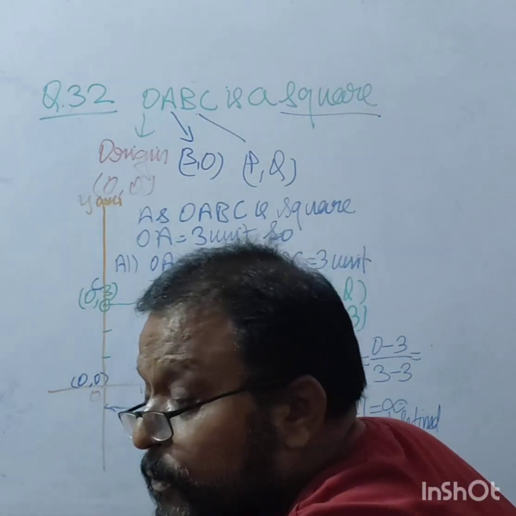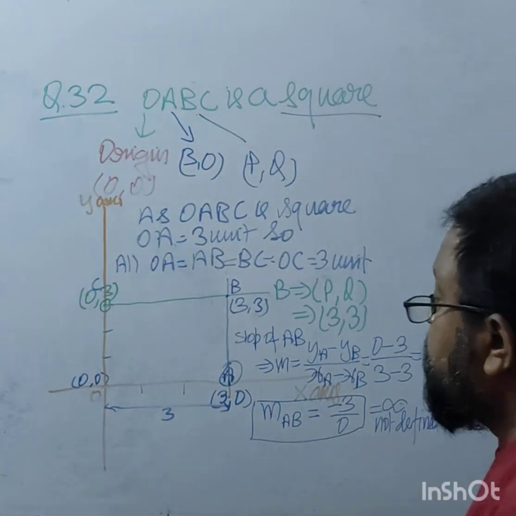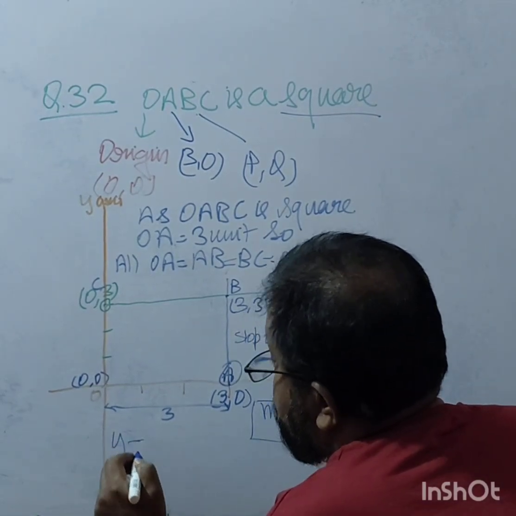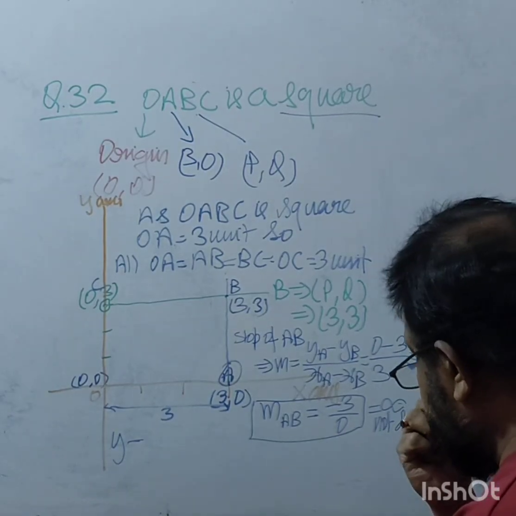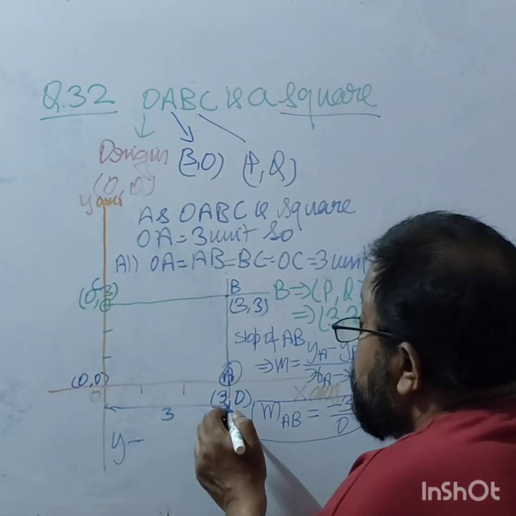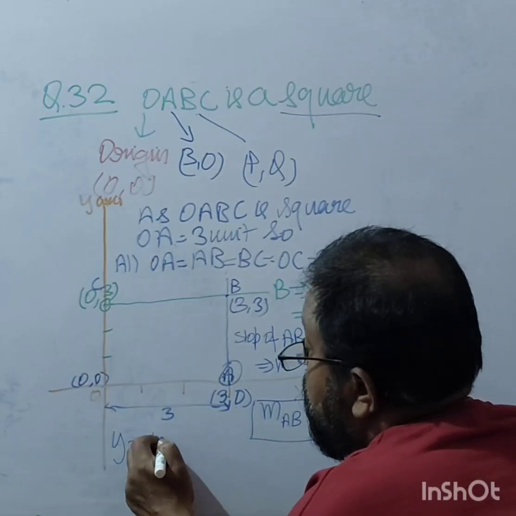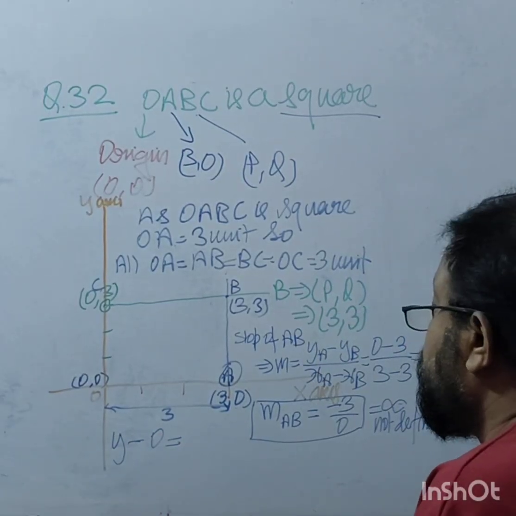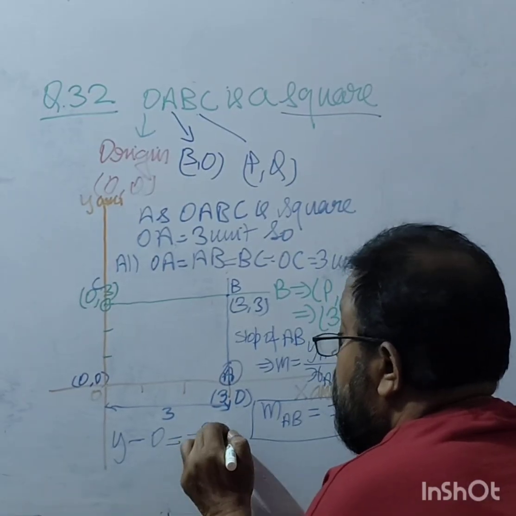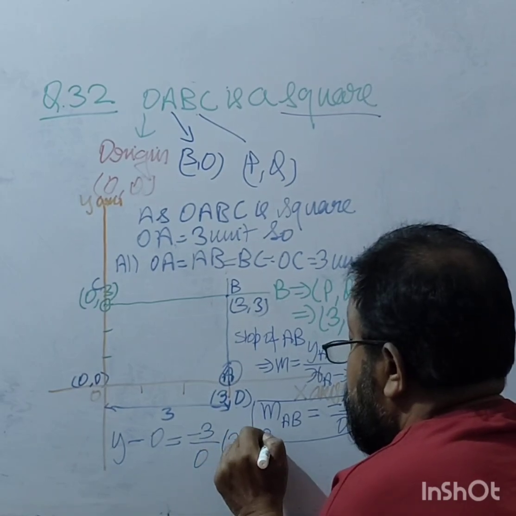If one point is known, then we can use y minus YA. So y minus YA means 0 is equal to minus 3 upon 0 bracket x minus 3.